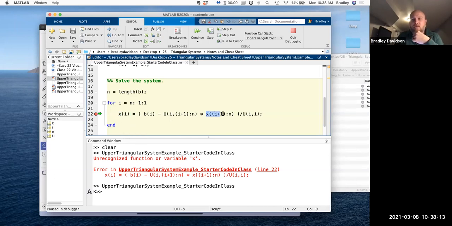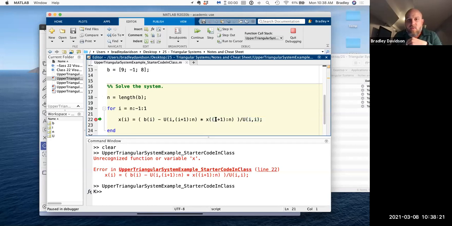But on the right-hand side of the assignment operator, it's actually looking for an xi plus 1 to n. And so there is no x4. We don't have a fourth x, and even if we did, we hadn't solved for it yet anyway.